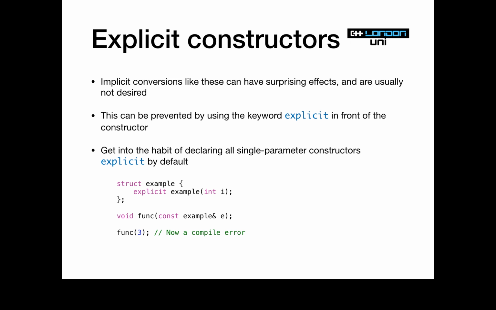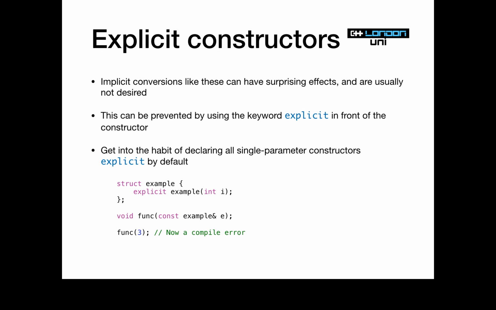Question. Say for example you had a constructor with two parameters, int i, int j. Let me rephrase my question. Say you had a double parameter constructor without explicit, and func took const example e, const example f, and then you said func(3, 4).